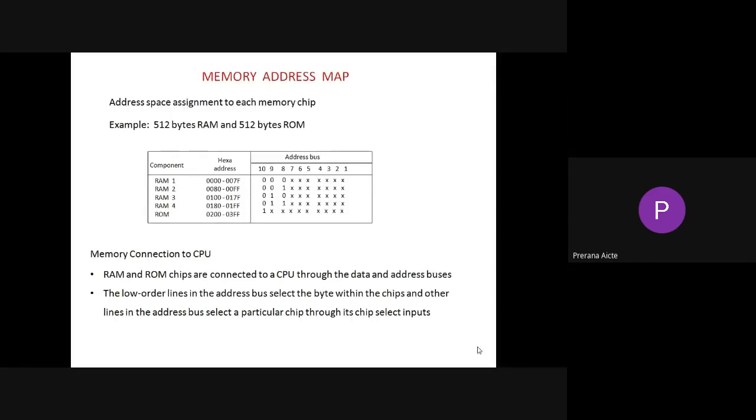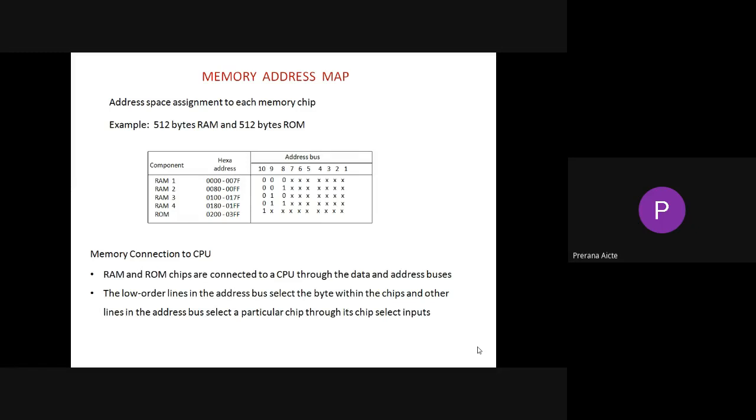So the memory connection to the CPU: RAM and ROM chips are connected to the CPU through data and address buses. The configuration gives a memory capacity of 512 bytes of RAM and 512 bytes of ROM.